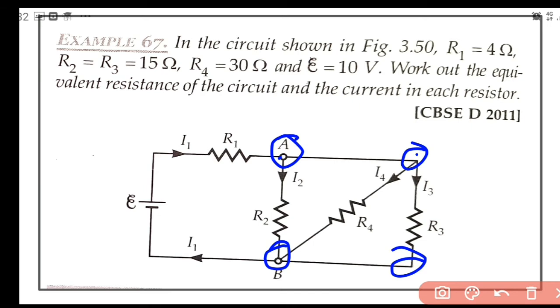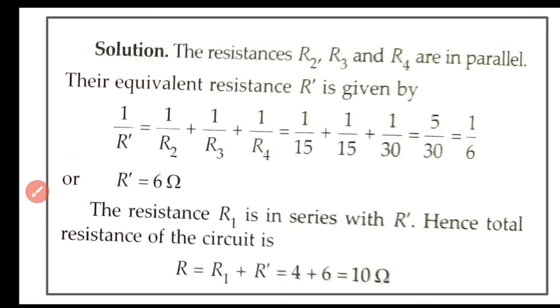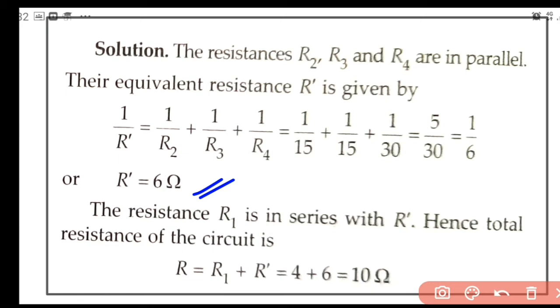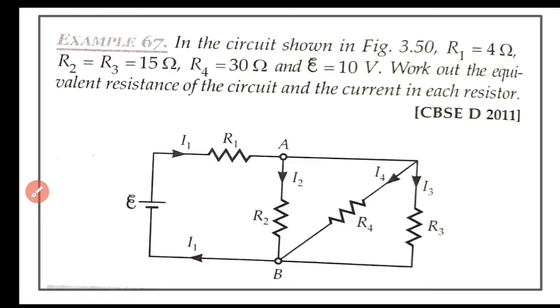So first of all, we need to find the effective resistance between A and B. Okay. So finding the effective resistance, we will get 6 ohm. The effective resistance between A and B is 6 ohm. Now this 6 ohm comes in what series? The whole circuit, when we consider, it will be R1, and that 6 ohm will be coming in series.